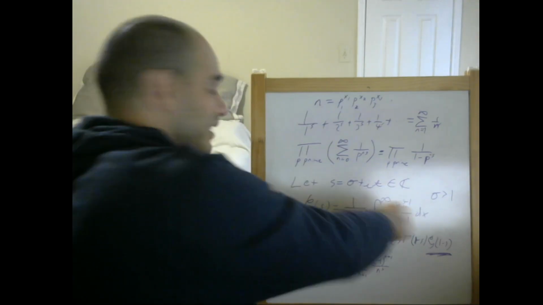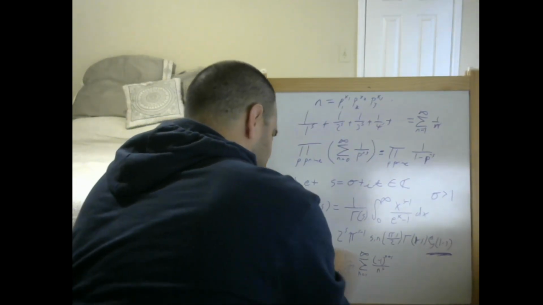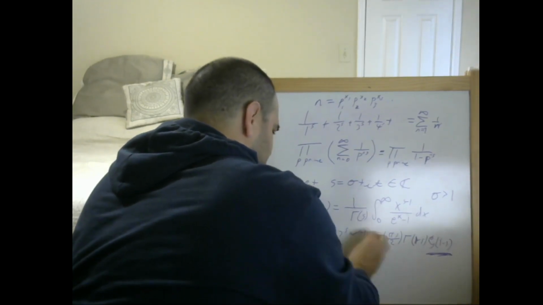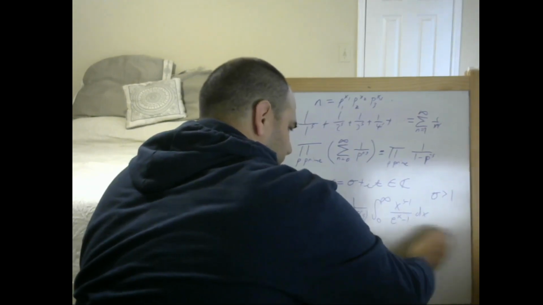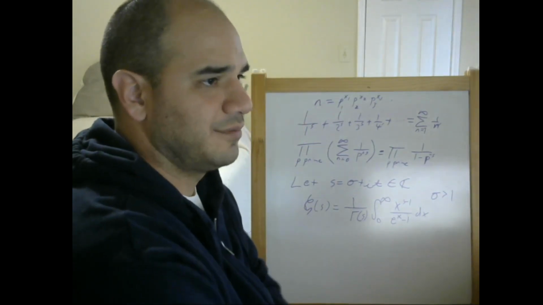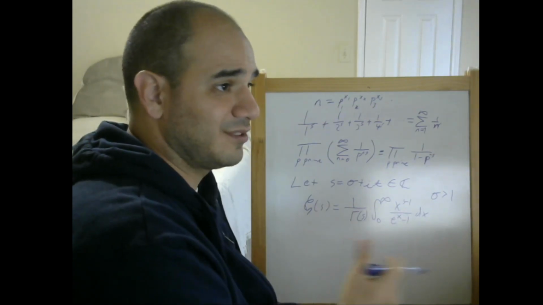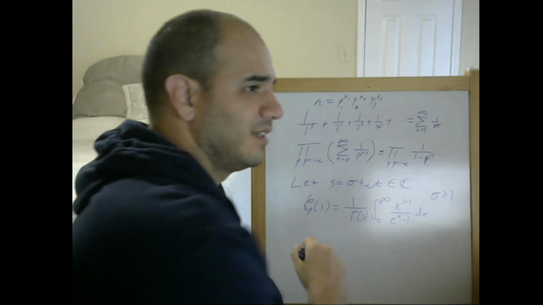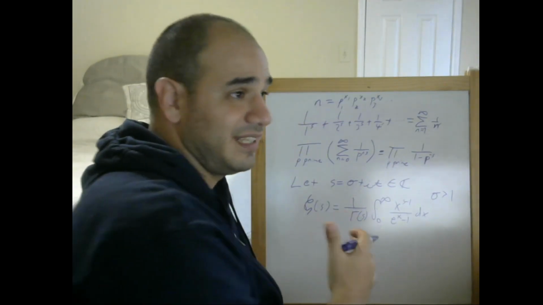So this was for sigma greater than 1. But you can get that more general form for s on the plane, except for whenever it's equal to 1, if you leverage sine and gamma.